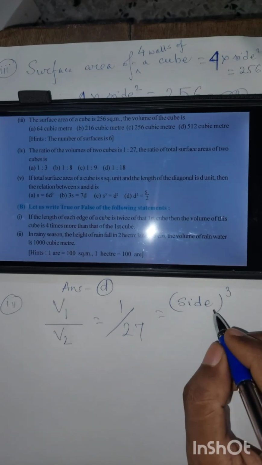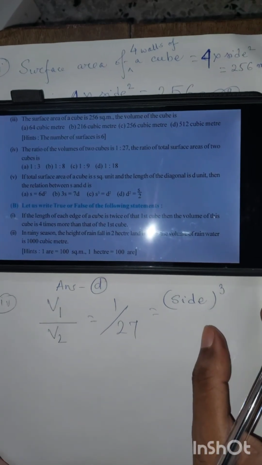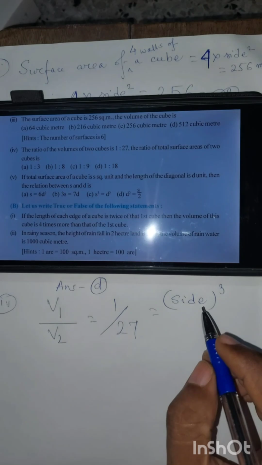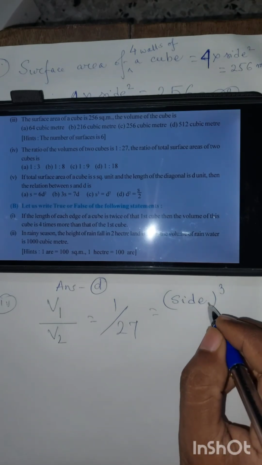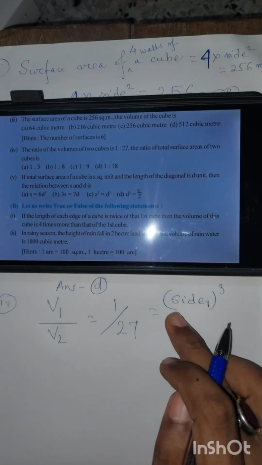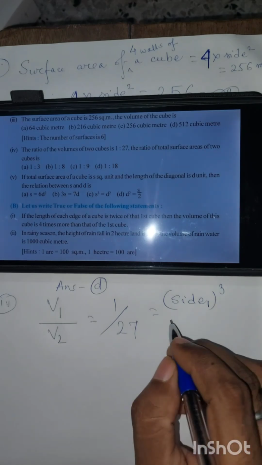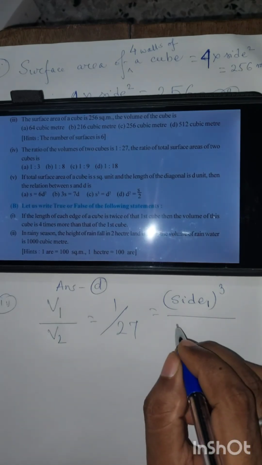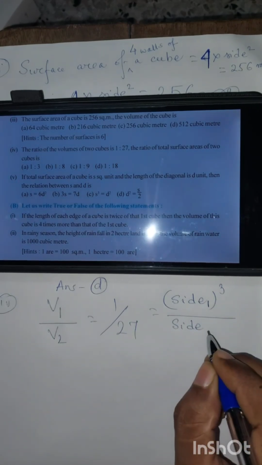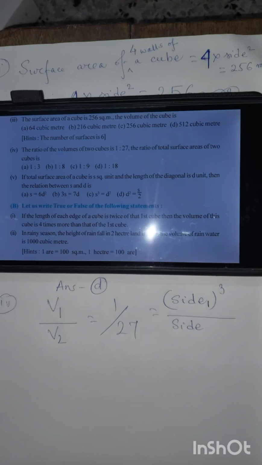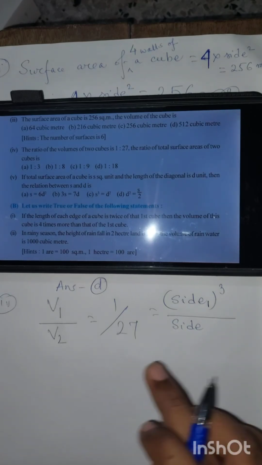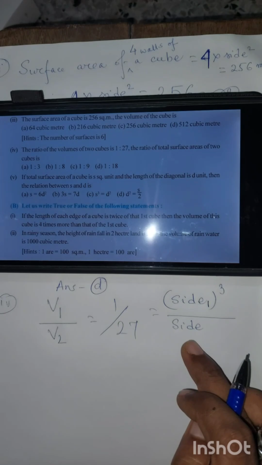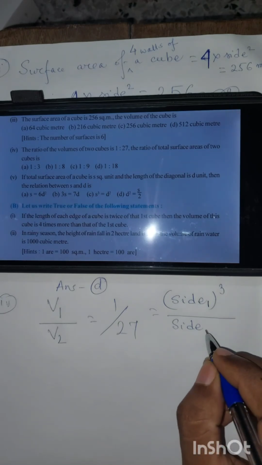So let us assume the side of first cube is side 1, side 1 cube by the side of second cube is side 2.